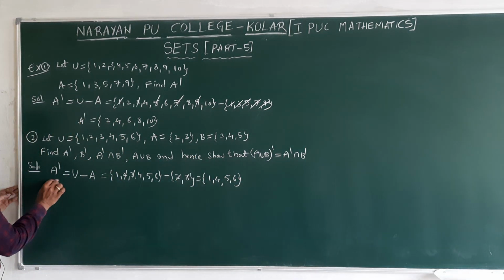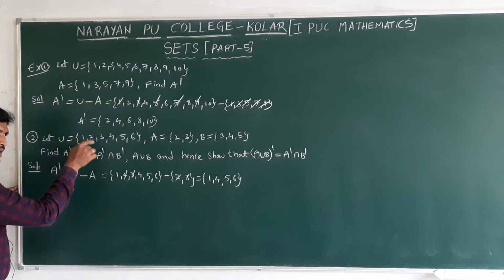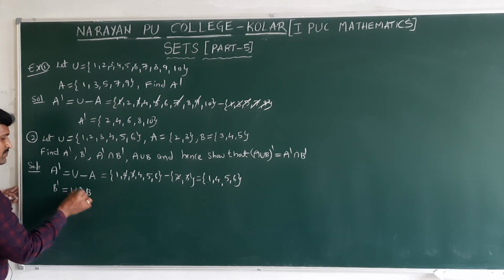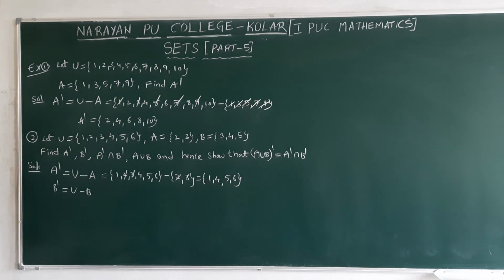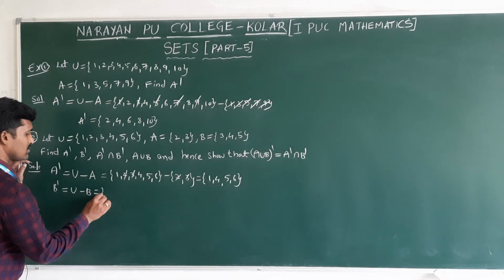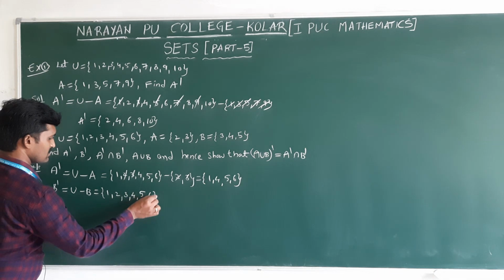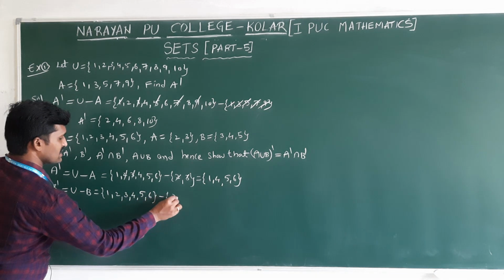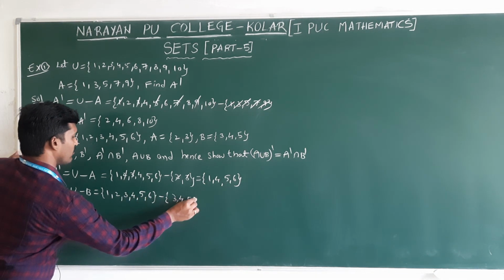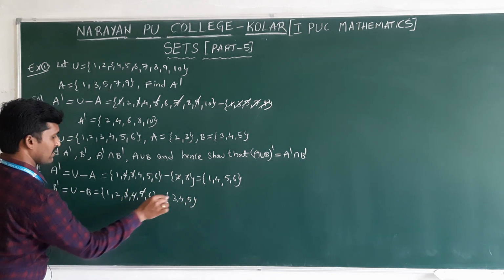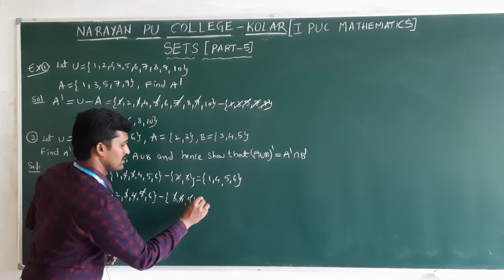Find out B dash. B is also a subset of the universe, so you can find this by using the formula U minus B. 1, 2, 3, 4, 5, 6 minus the B set 3, 4, 5. 3, 4, 5 gets cancelled.